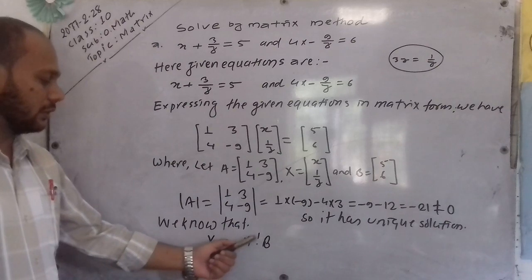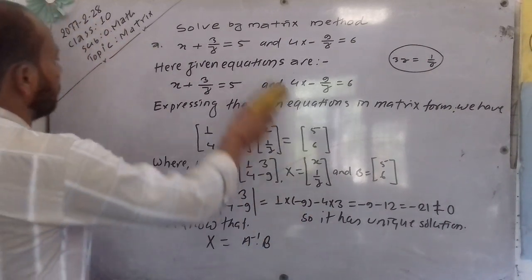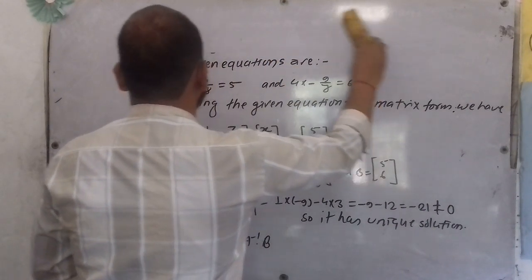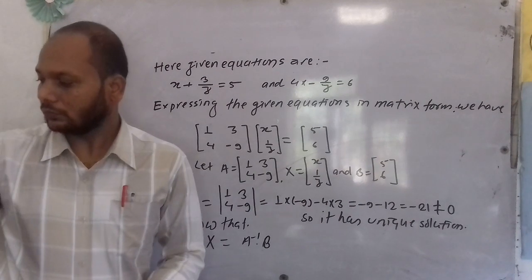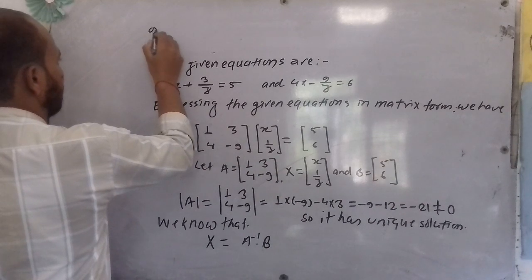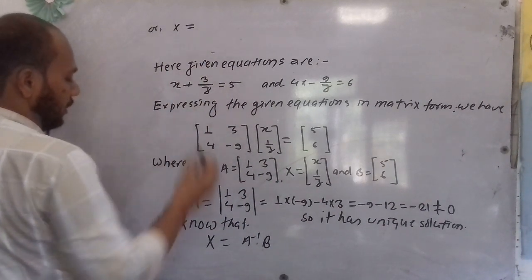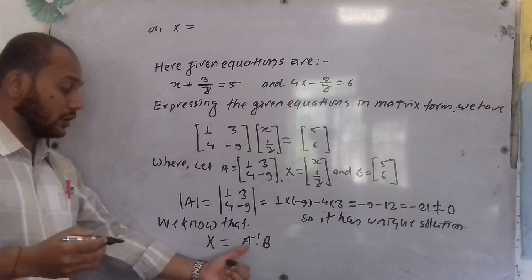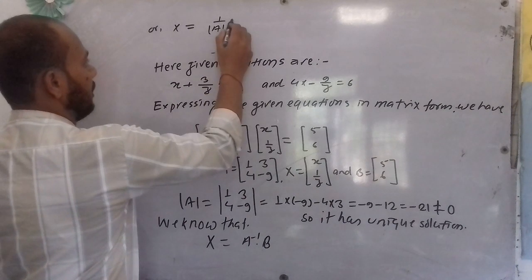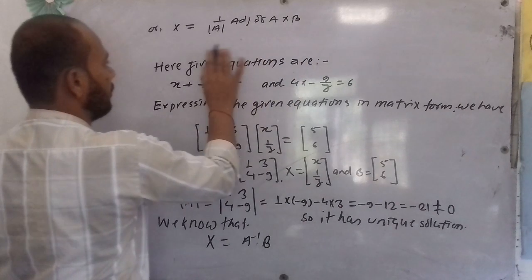X is equal to A inverse into matrix B. Now here we have X is equal to, and the formula to find the inverse of a matrix is 1 by determinant of matrix A and adjoint of matrix A into B.